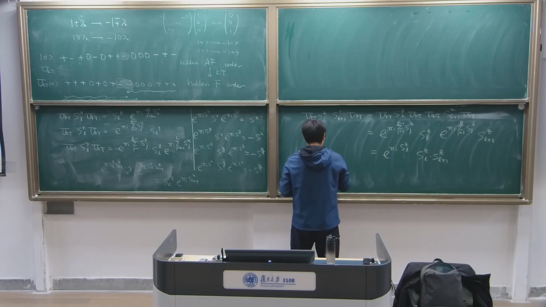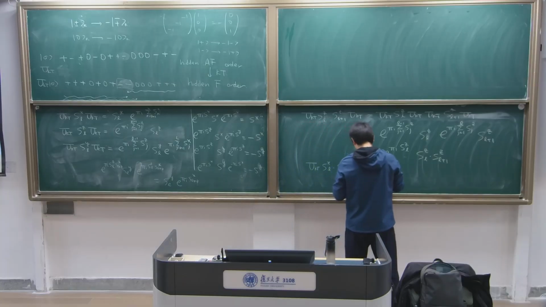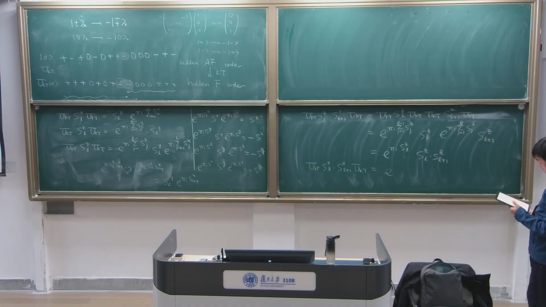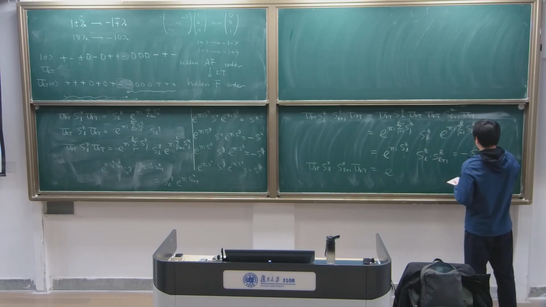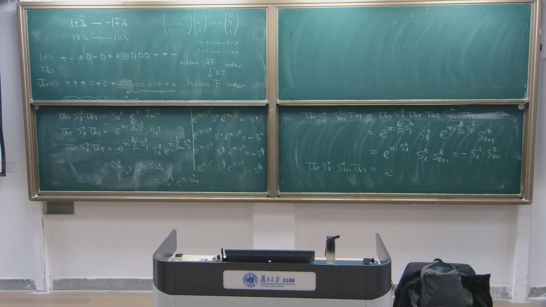The same thing happens for S^x. Kennedy-Tasaki, and this is equal to e to the pi i, and this is always equal to minus S^z_L S^z_{L+1}. So that's what really happened.